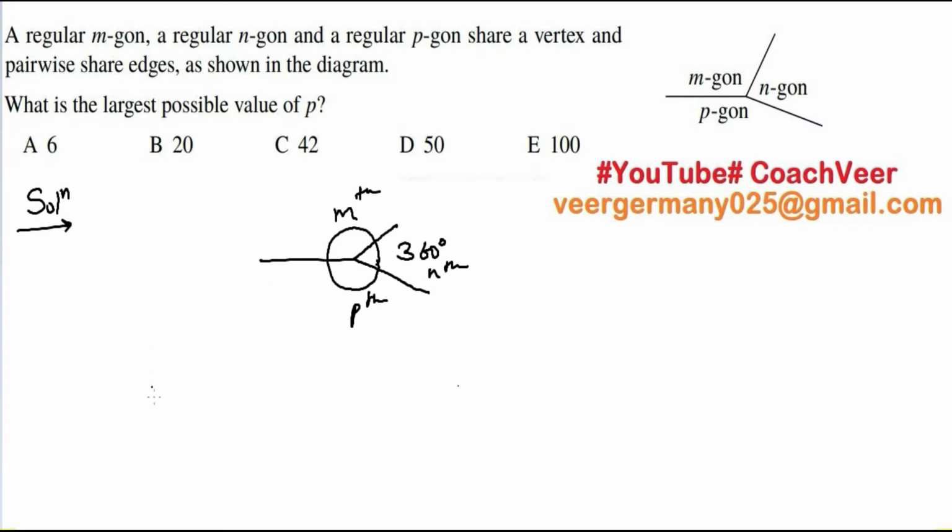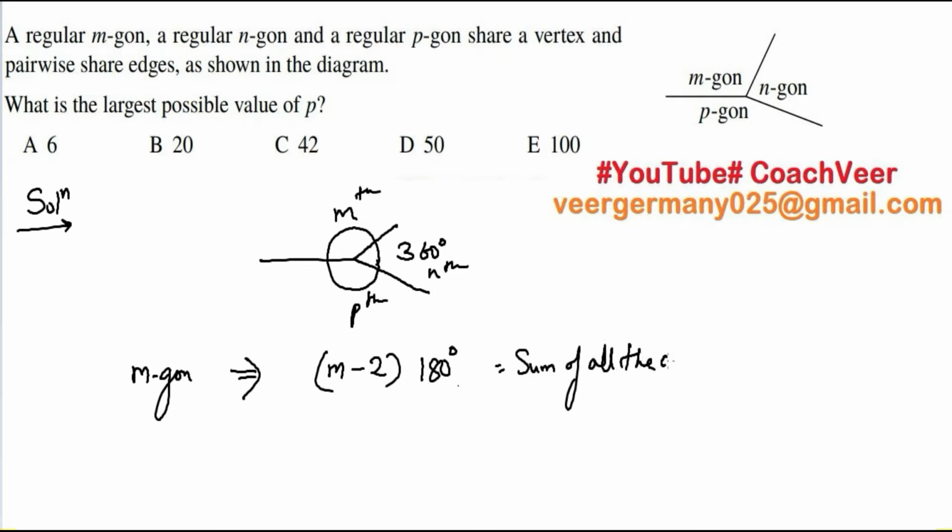You know that if we have an m-gon, a regular polygon having m sides, that is the meaning of this. So for the m-gon, the sum of all the angles will be (m minus 2) times 180 degrees. This is the sum of all the angles of the m-gon.